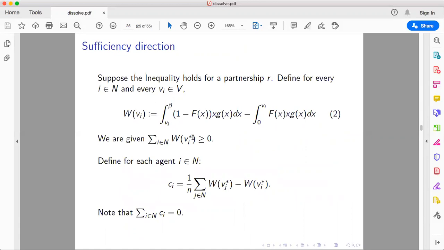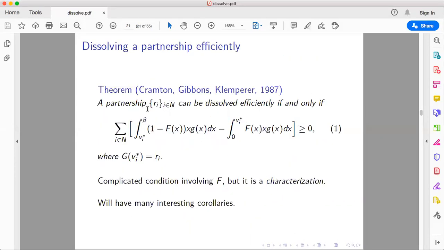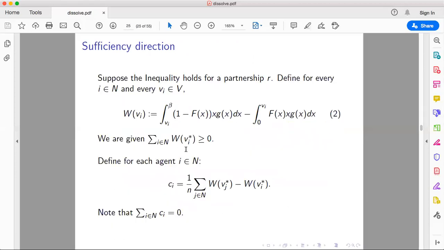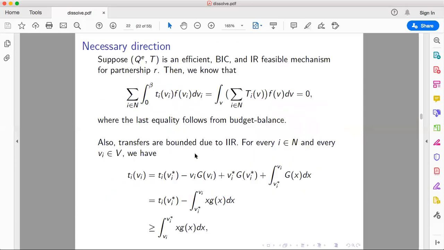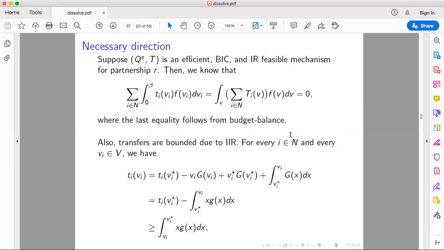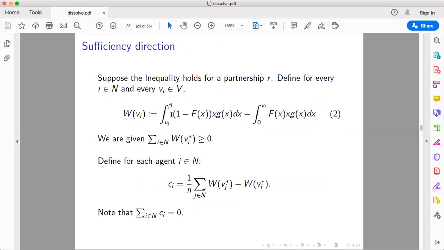This w(vi) is the same expression that we have in the inequality, except that instead of v star i, I use any arbitrary vi. Essentially the inequality is sum of w(v star i) is greater than or equal to 0. If you substitute vi equal to v star i, we exactly get this term inside, and the inequality is sum of w(v star i) greater than or equal to 0. Let's keep this in mind.